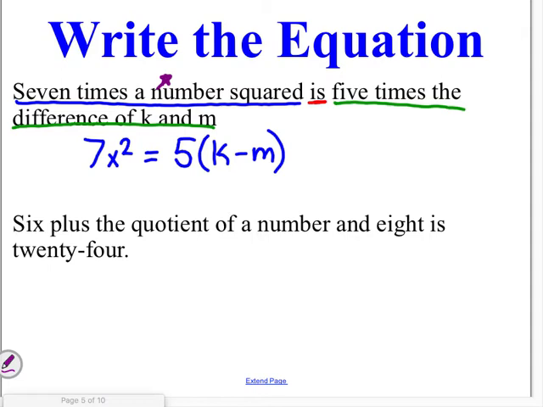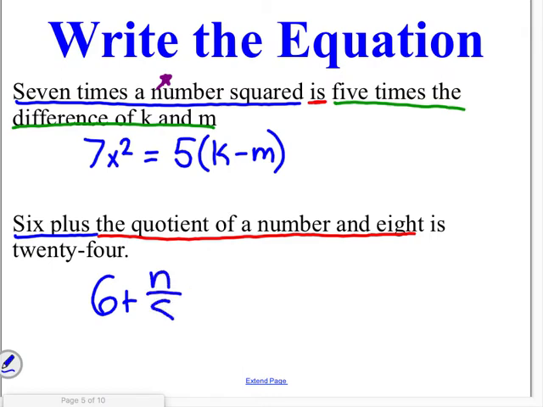Next one, 6 plus the quotient of a number and 8 is 24. So we start out, and it tells us we've got 6 plus the quotient of a number and 8. Remember that quotient means division. So we've got, I'm going to pick n for my number this time, and divide it by 8.